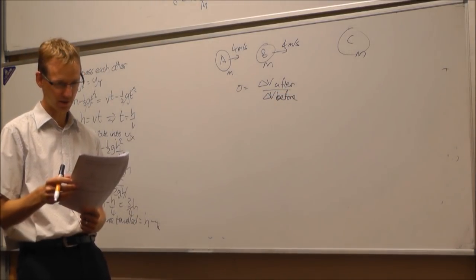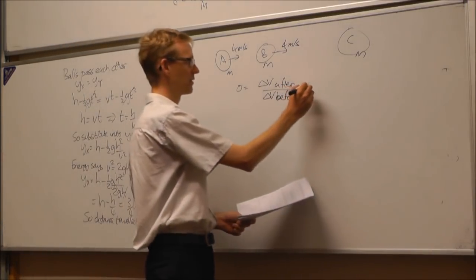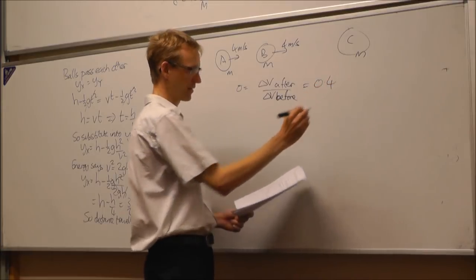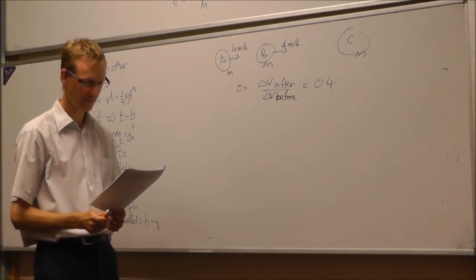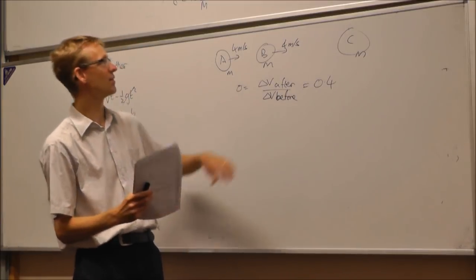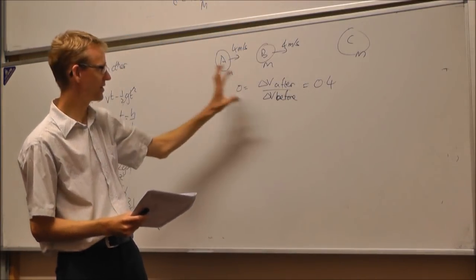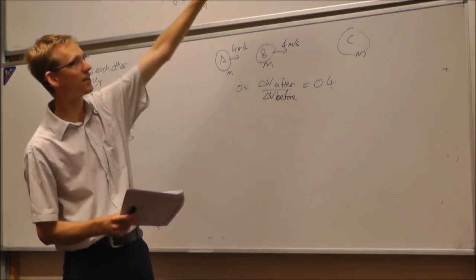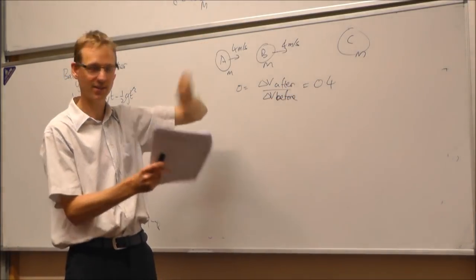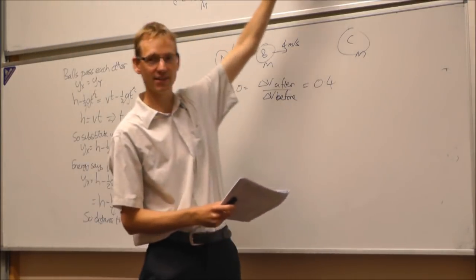And we're told that this is 0.4 in this situation. So we've still got momentum conservation in each collision, but this kind of replaces the kinetic energy being conserved. In this case we don't have kinetic energy conserved, but it's giving you that second equation.